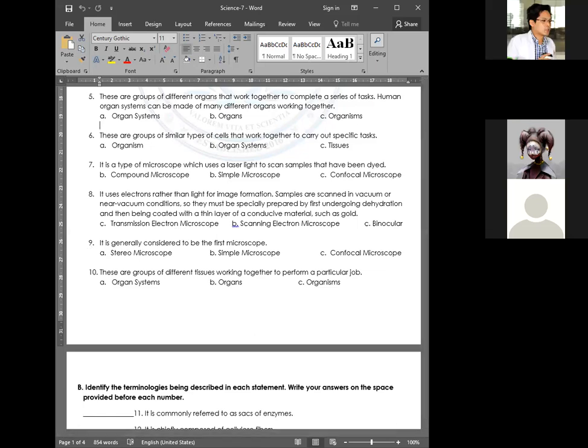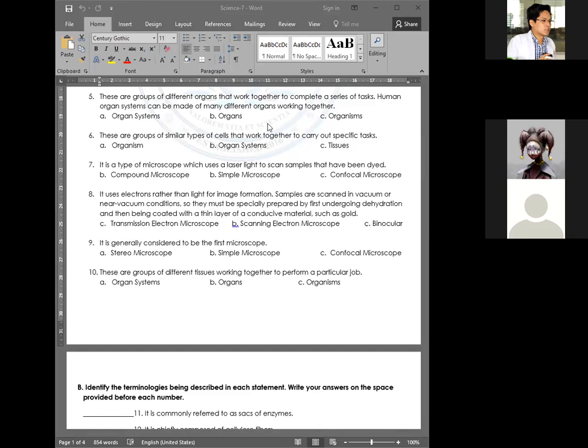So what do you think is the answer? Transmission electron microscope, scanning, or binocular? The answer is letter B, correct. Scanning electron microscope.